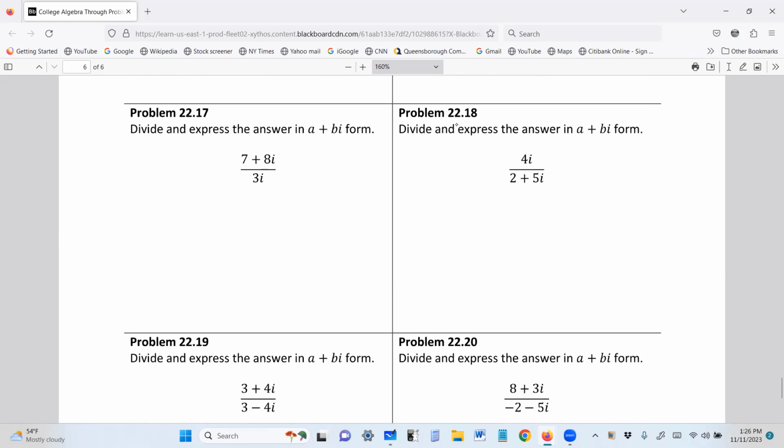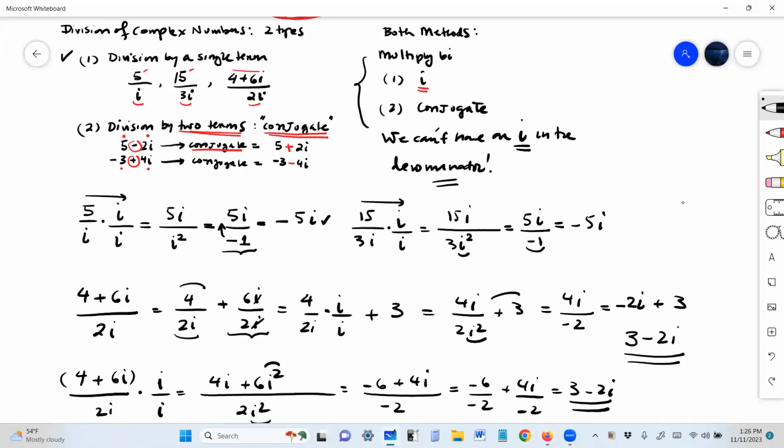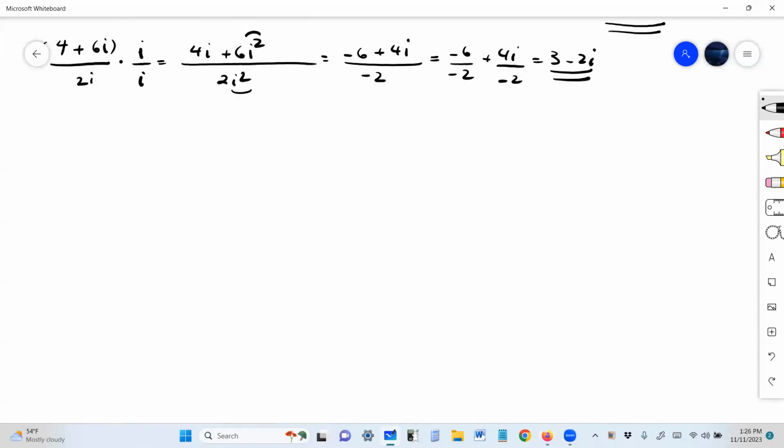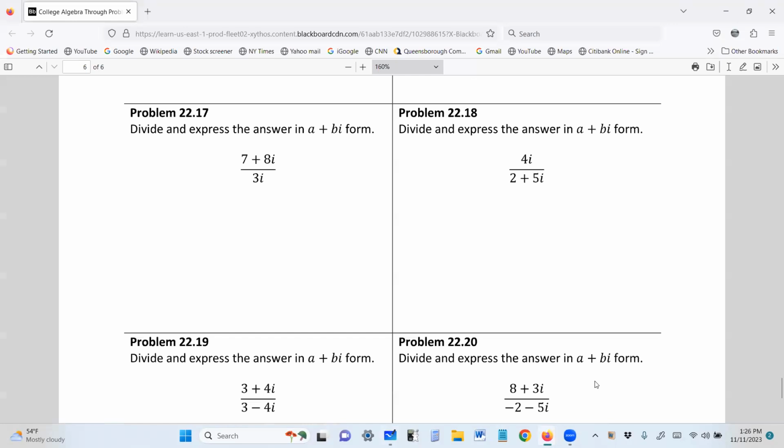So we can do 2218, which is 4i divided by 2 plus 5i. Do it over here. I didn't copy this. 4i divided by 2 plus 5i. All right. Just make sure that this is the problem.